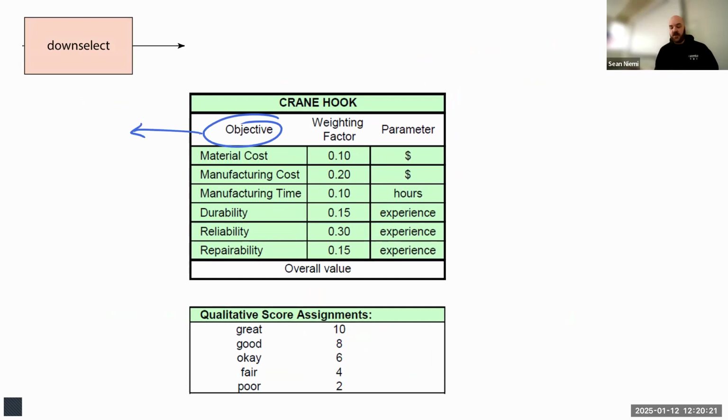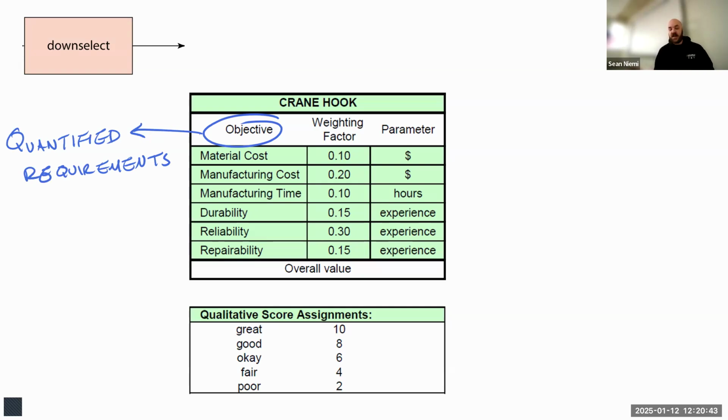Objective, this is going to be one of our quantified requirements. This is going to be one of the things that we specified from our design problem statement, from our customer needs, from whatever that may be. These are going to be our quantified requirements.